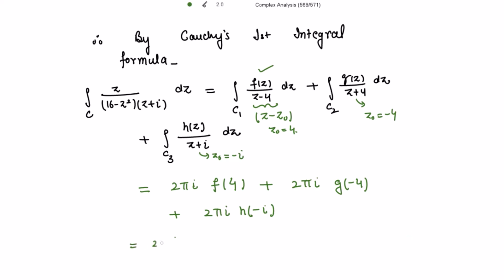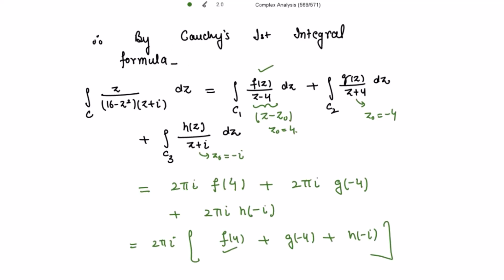Let's take 2 pi iota outside first. And now to get the values of these. So that is equal to 2 pi iota. Okay, what is f at z equal to 4?